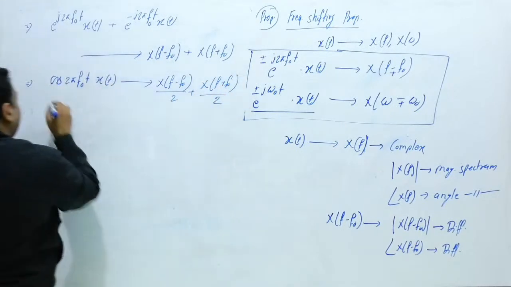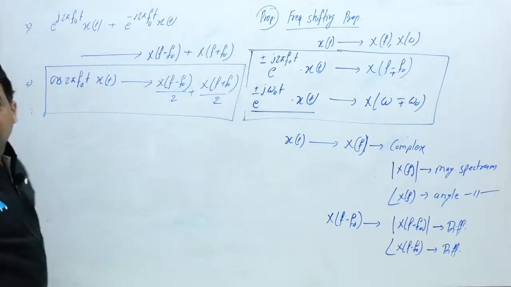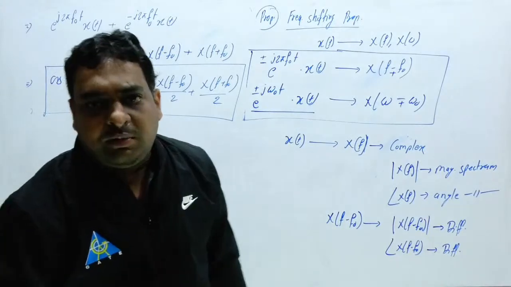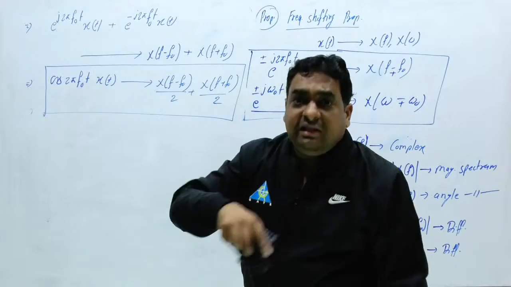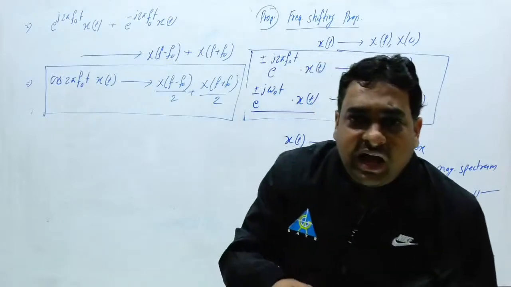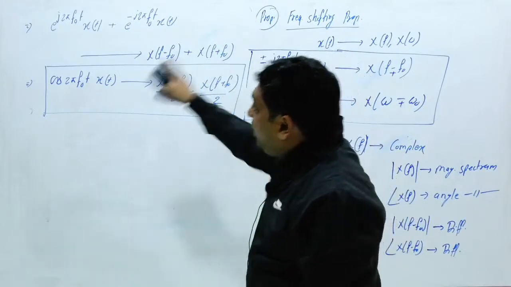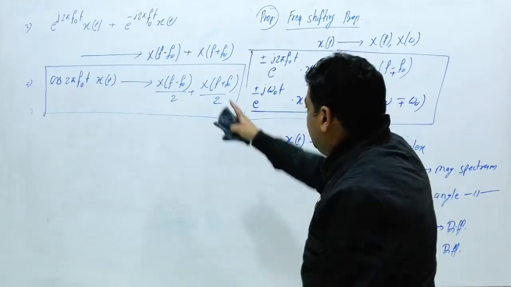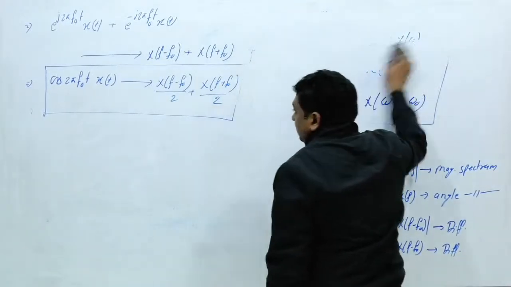Again, this is a very important property. Earlier we studied multiplying by cos in the frequency domain. Now I am going to consider multiplying by cos in the time domain. Then what will you get as the answer?